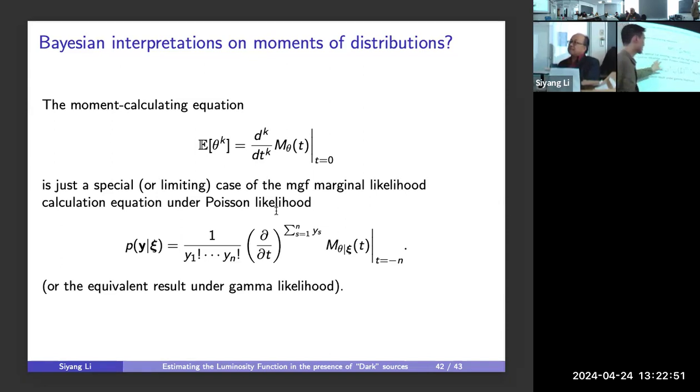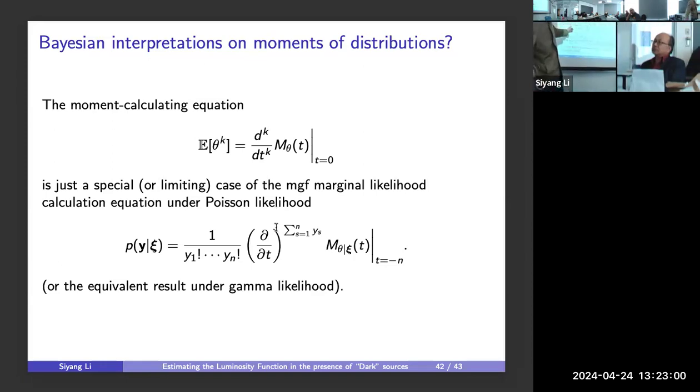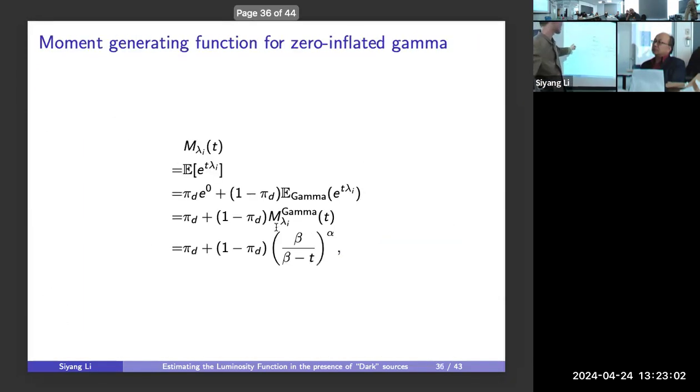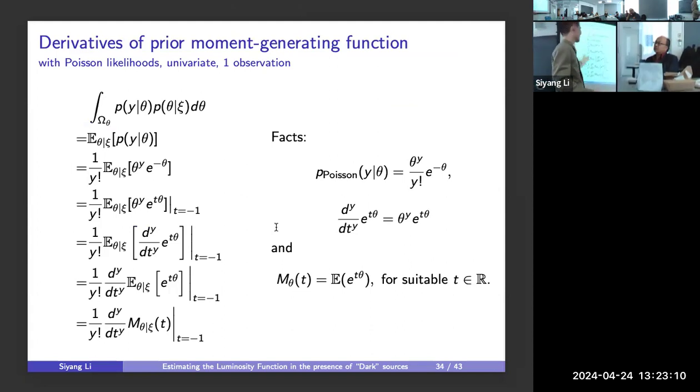I think similar things can indeed be done for cumulant generating functions, except that we don't have the elegant derivation here, because the cumulant generating function itself is a log of an integral, but it's not just an integral directly.